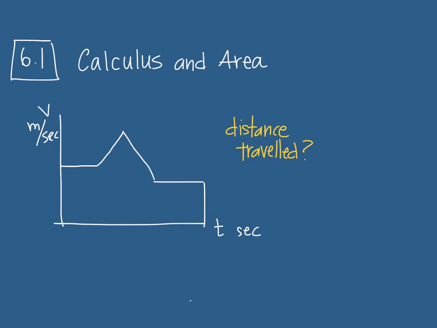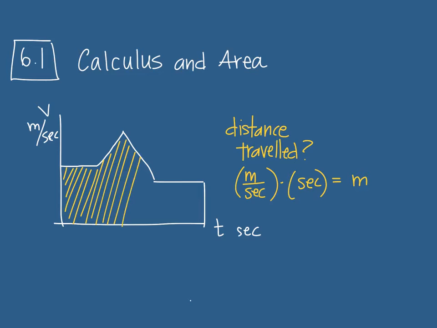The way we get that is you take meters per second, which is the velocity unit, and multiply it by seconds, which is the time unit. The time units cancel each other out, and you're left with meters. So it is the measurement of the y-axis multiplied by the measurement of the x-axis. That's like length times width, or base times height. And so that is essentially finding the area underneath this velocity graph.